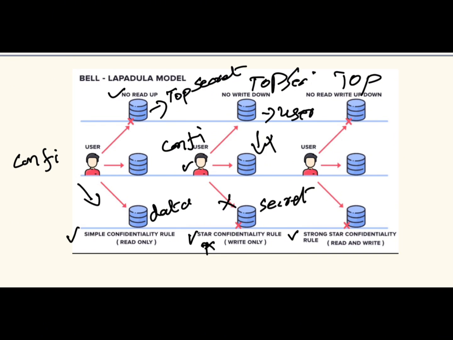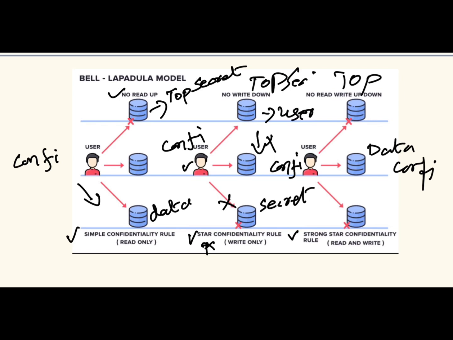Now the third rule is the strong star confidentiality rule, which only allows a user to write at the same level. For instance, if the user is at the confidential security level, and this data is classified confidential, then the user can only write and read at this level. It's a very strict confidentiality level, so this applies to systems with strict confidentiality requirements.